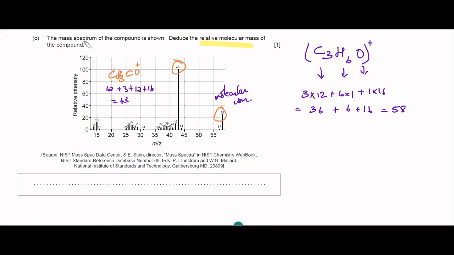Now let's try to figure out what could be our compound. Already we have got that it's having a carbonyl group in it. No other functional group we were able to detect in our previous calculation.